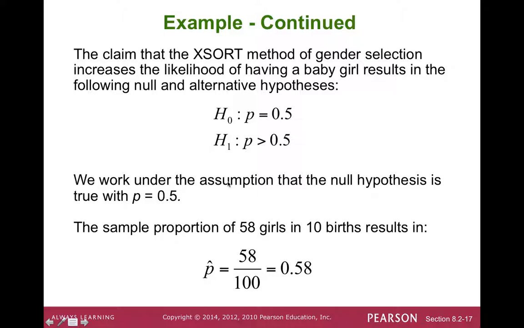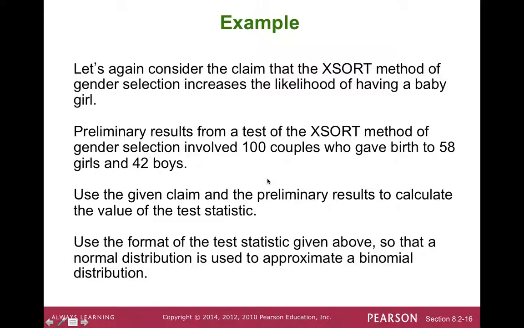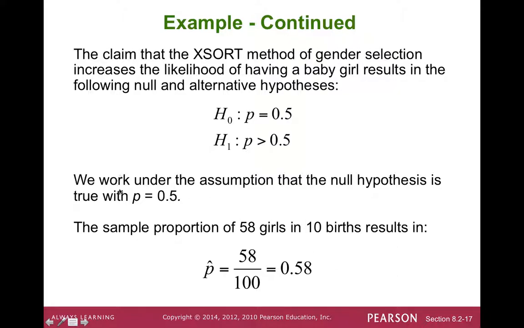So we're going to work under the assumption that the null hypothesis is true, with p equaling that 50%. And then we're going to compare to that our sample proportion, in which case we had 58 girls in 100 births. So our population proportion is 0.5, and our sample proportion, based on the data that we were provided in this example, would be 0.58. So this is our population proportion assumption, and this is the actual sample proportion that we were able to calculate using the data that was provided in the problem.